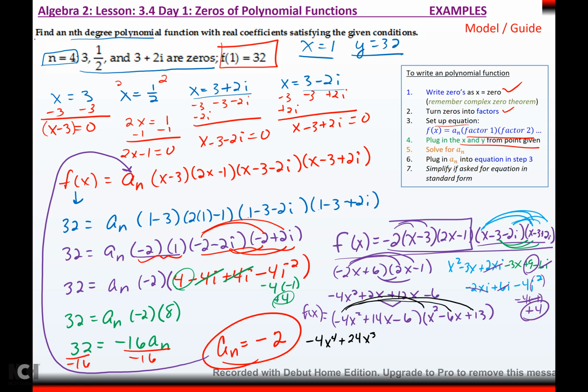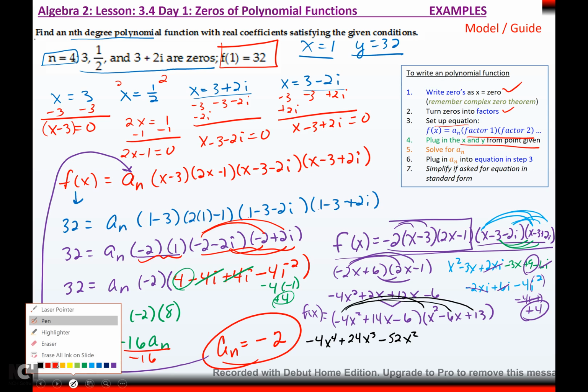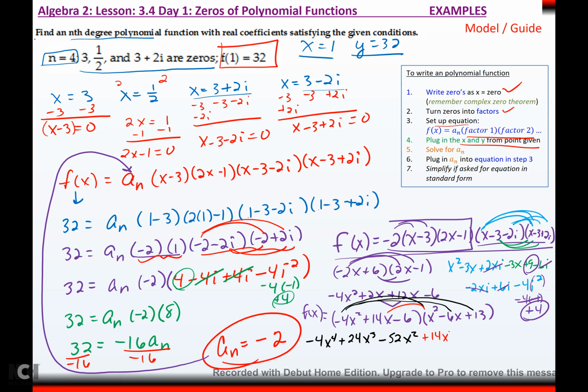Negative 4x squared times 13 is negative 52x squared. Next, 14x times x is 14x cubed. 14x times negative 6x is negative 84x squared. 14x times 13 is 182x.